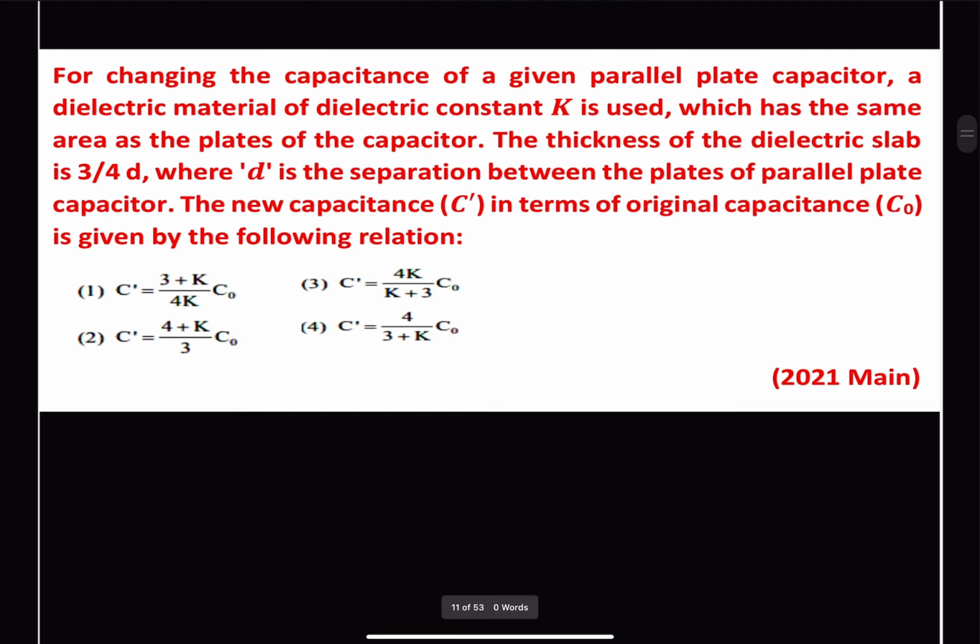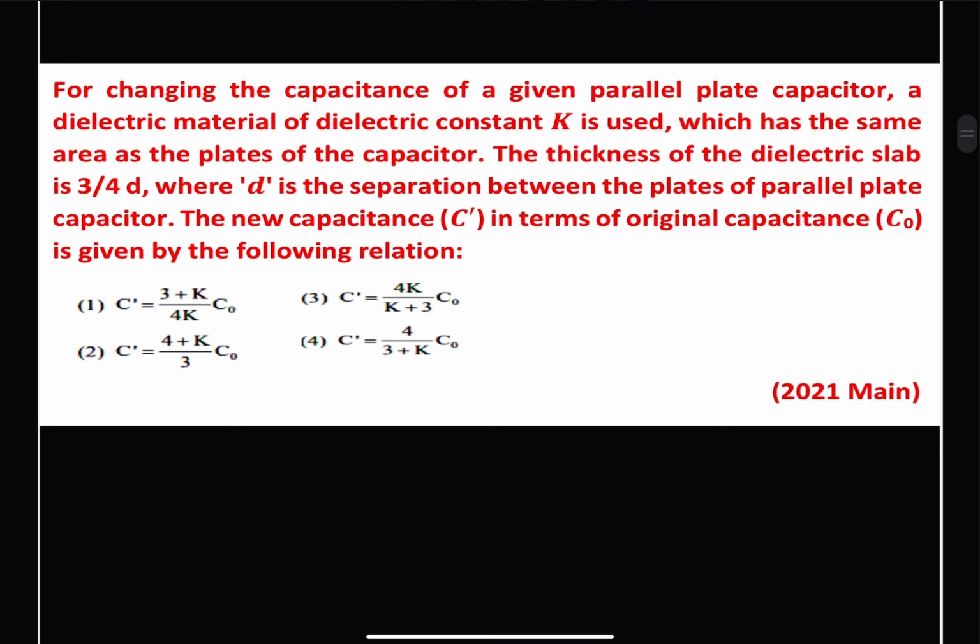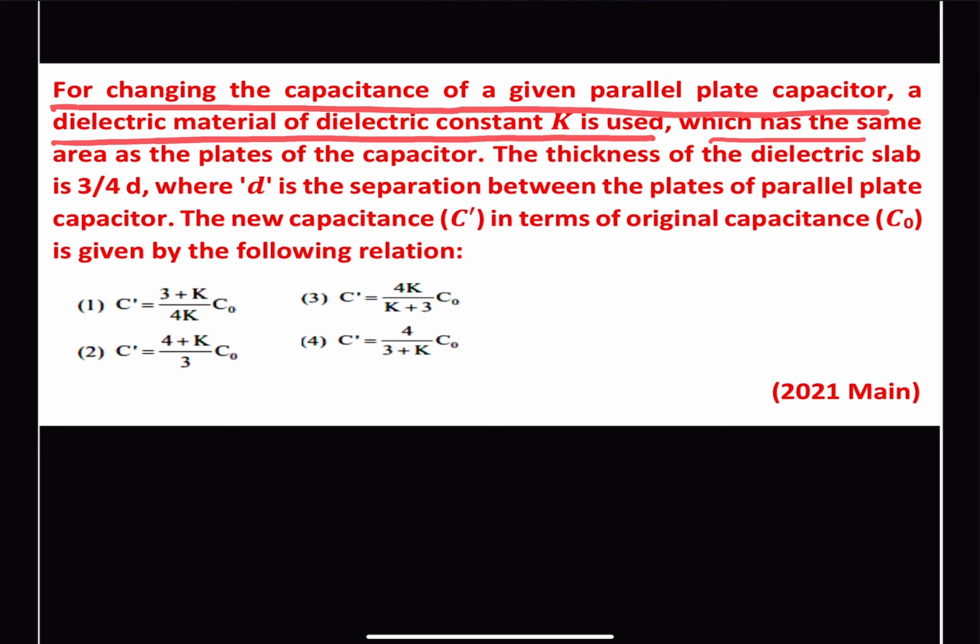It states that for changing the capacitance of a given parallel plate capacitor, a dielectric material of dielectric constant K is used, which has the same area as the plates of the capacitor. The thickness of the dielectric slab is 3/4 times D, where D is the separation between the plates of the parallel plate capacitor.